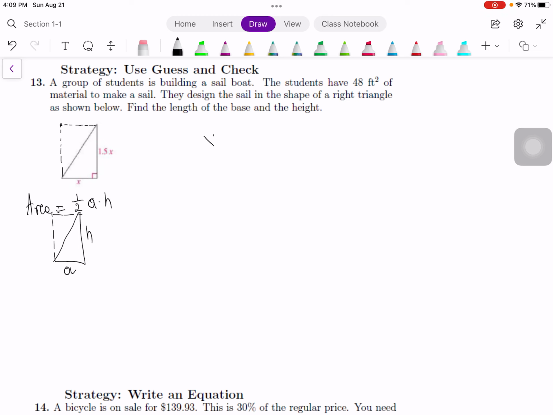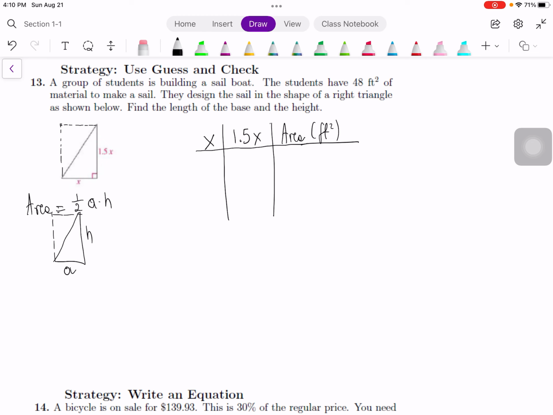So I'm going to do trial and error, or guess and check. I'm going to figure out X, which then will tell me what the other side has to be, 1.5 times that. Then I'm going to estimate the area, in square feet, and by trial and error I'll come up with what I need.